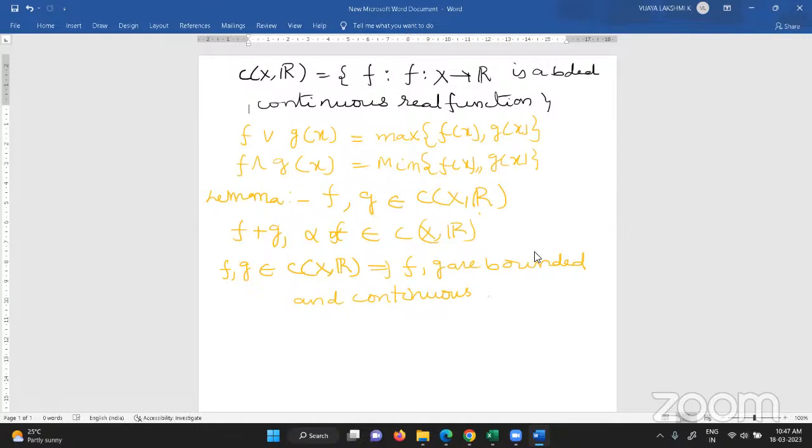What do you mean by boundedness? If f is bounded, then there exist real numbers M1 greater than 0 and M2 greater than 0 such that mod f of x is less than M1 and mod g of x is less than M2.